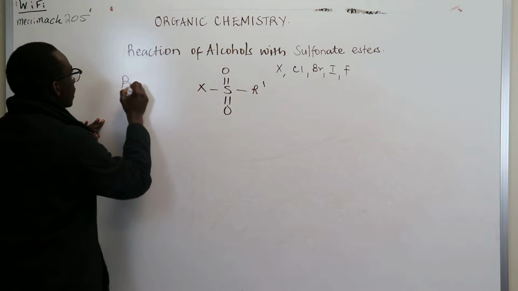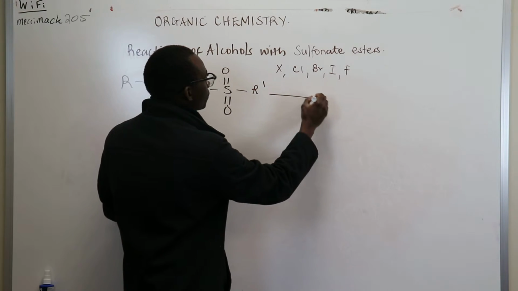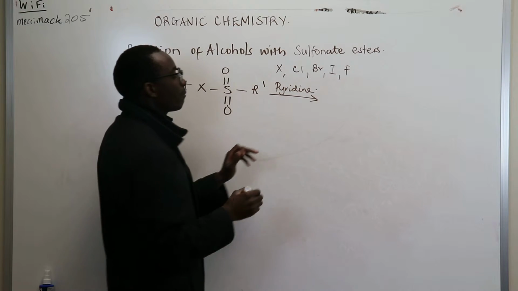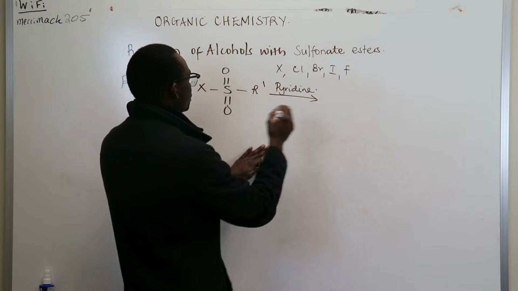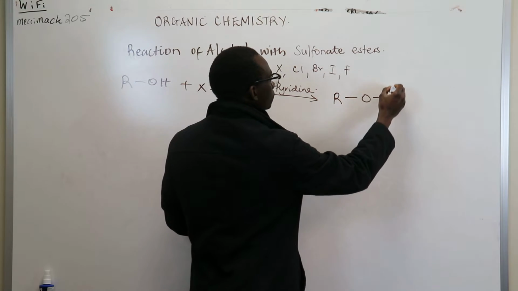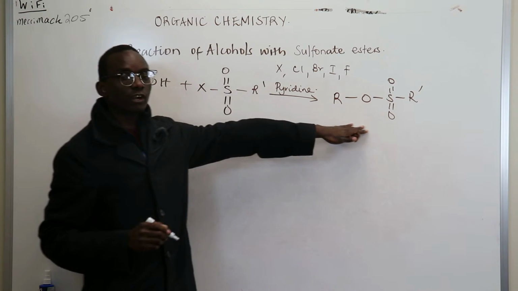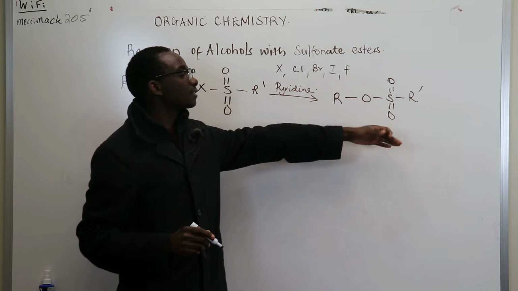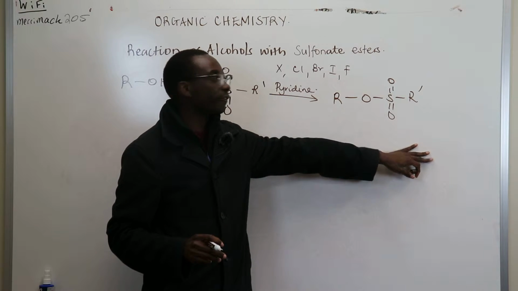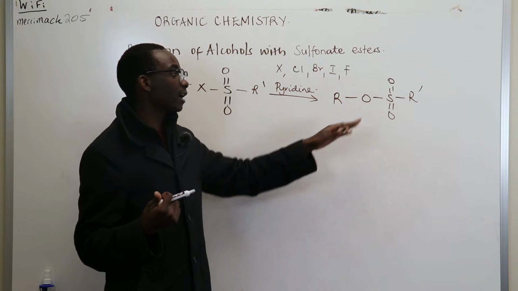So now, when our alcohol reacts with a sulfonyl compound in the presence of pyridine, we form a sulfonated ester, which will look like so. Now this structure we shall form can easily be displaced by nucleophilic substitution reactions of any nucleophile that comes in. So that means we can form as many functional groups as we want.